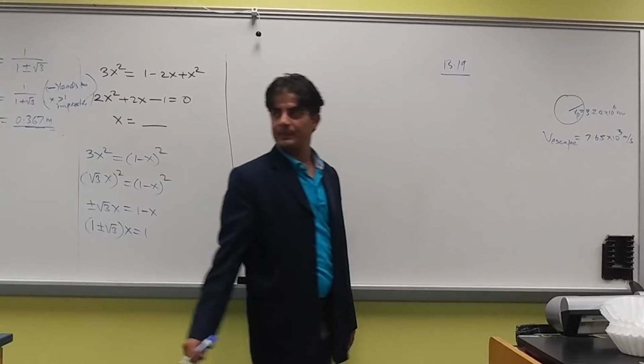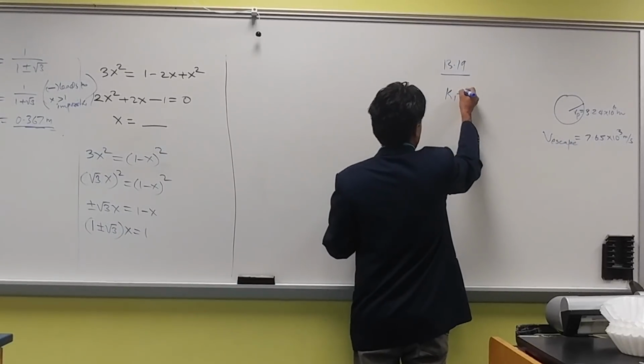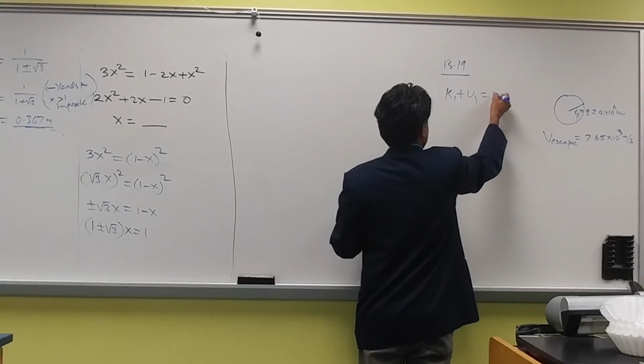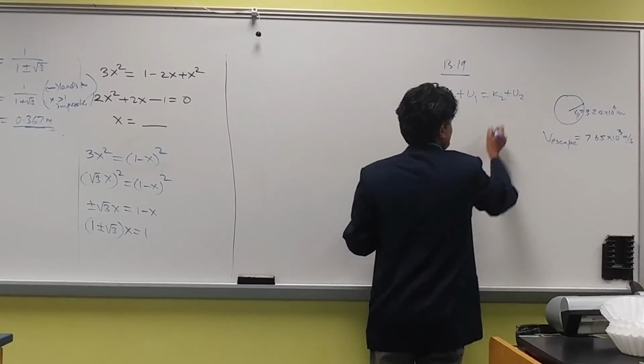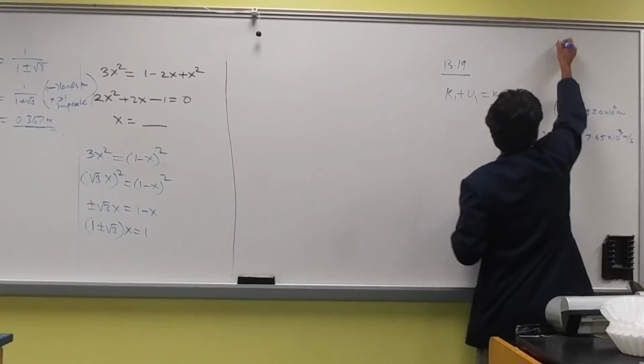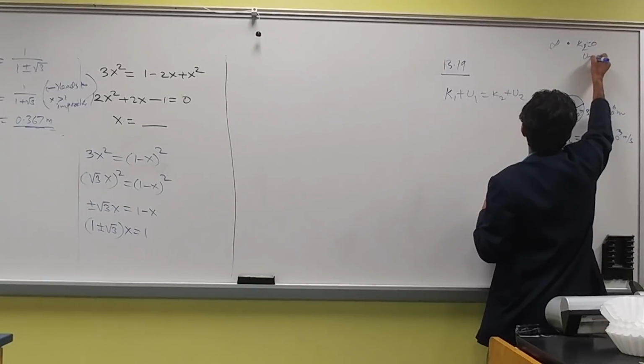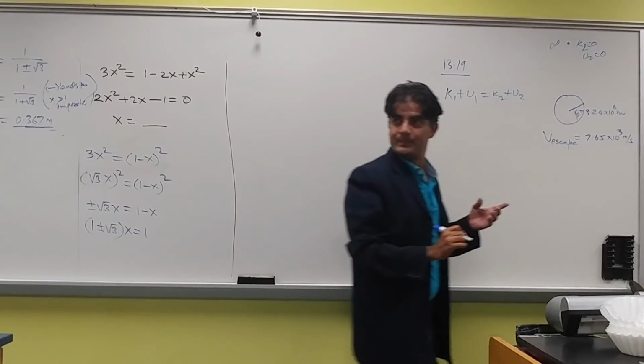What does it mean? So what you do is K1 plus U1 equals K2 plus U2. Escape speed is right here, which is infinity, so K2 equals 0 and U2 also equals 0.